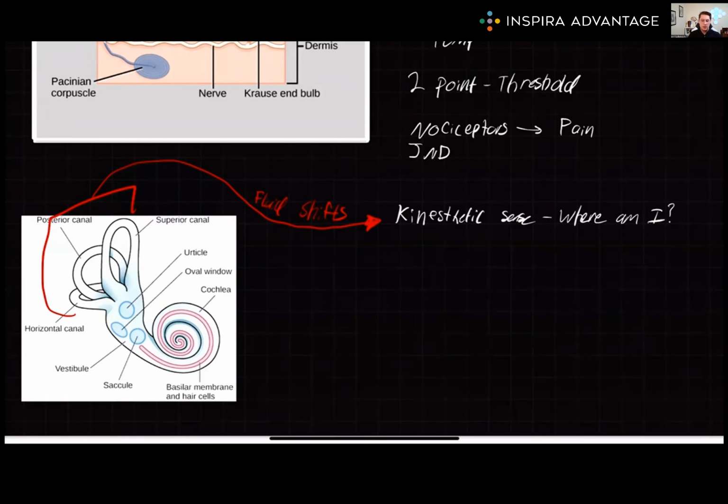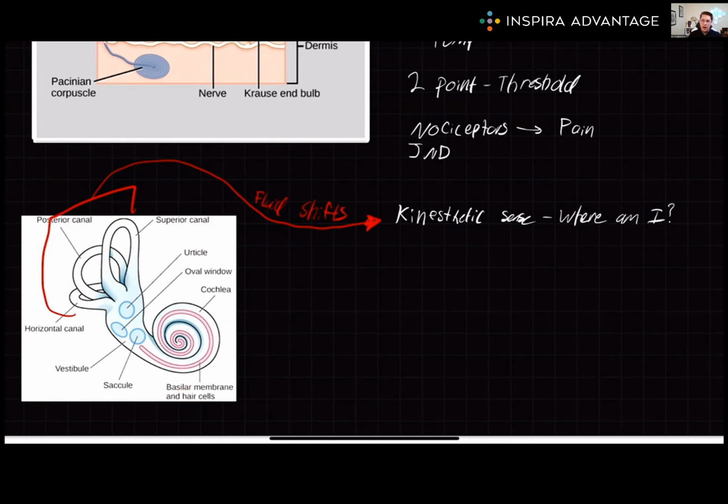The vestibular system is located in the inner ear, shown here in the bottom left, and is made up of semicircular canals and otolith organs. So we have these 3 semicircular canals at different angles. And essentially, we have fluid sloshing through there when you move your head. And this causes an acceleration of fluid inside, which are going to trigger otolith hair cells.